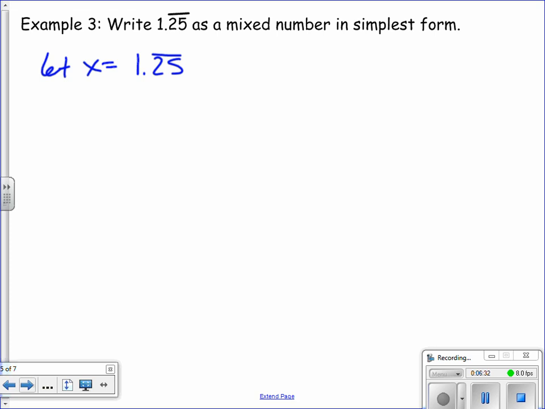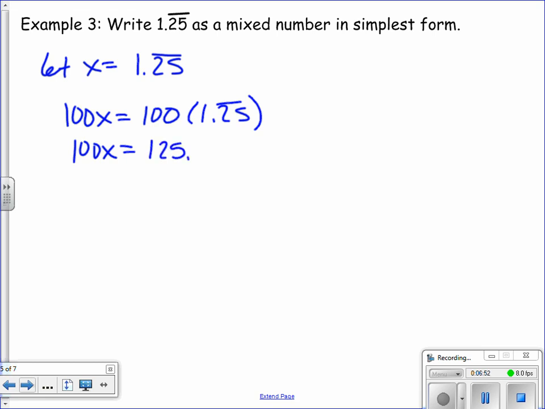Since we have 2 digits repeating this time, we're going to have to multiply each side by 100 because 10 squared is 100. And when we do that, we have 100x equals 125.25 repeating. Basically you're moving the decimal point 2 places over.